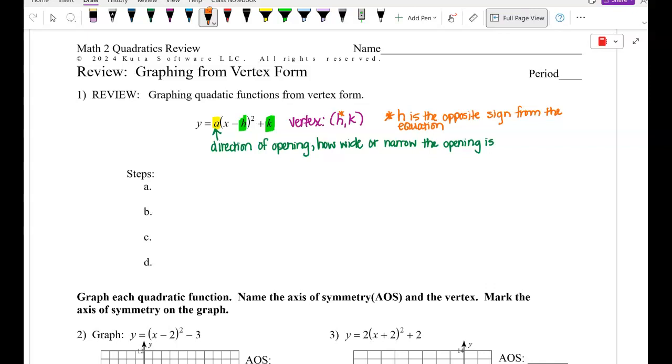And that is usually the one thing that trips people up, because if it says x minus 3, they think, oh, h is negative 3. And it's not that. That means h is positive 3. But with k, it does go with the sign. If it's a plus number, it's a positive. If it's a minus number, it's a negative. The h value is the only one that goes opposite of its sign.